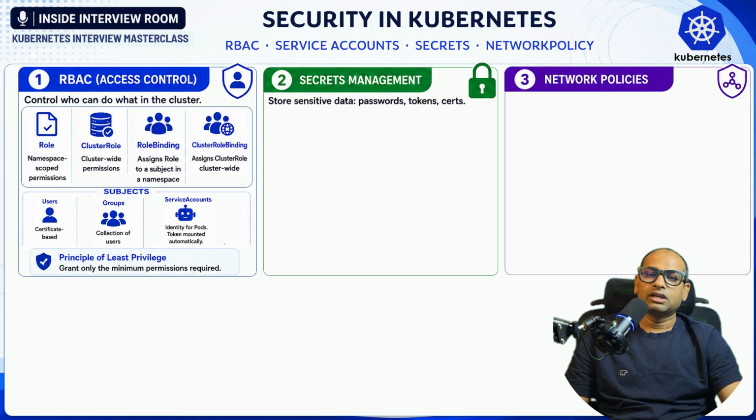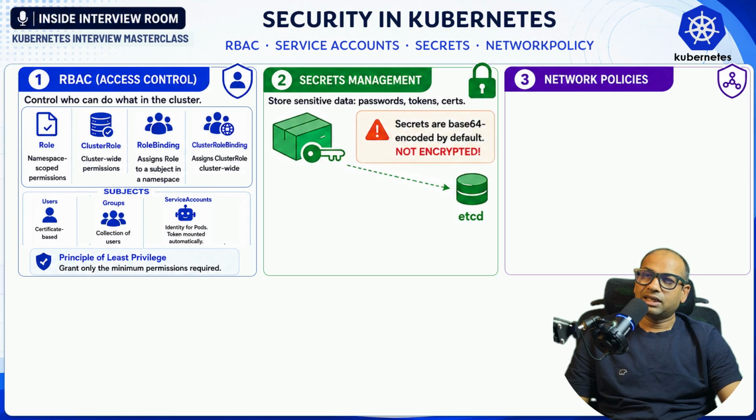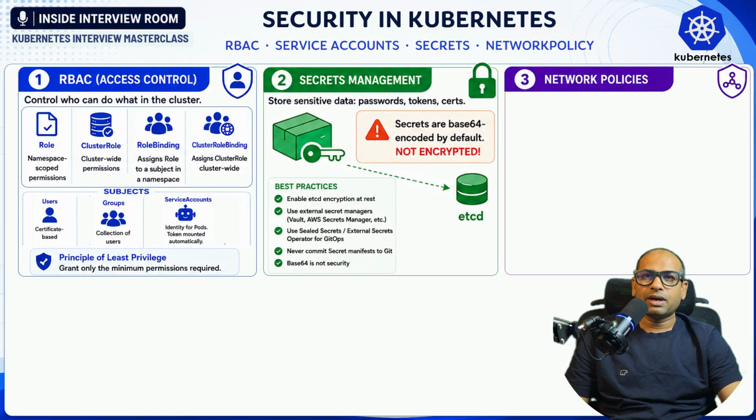Secret management: store sensitive data like passwords, tokens, and certificates, which are stored in etcd. Secrets are base64 encoded by default, not encrypted. So, what are the best practices to store secrets? Enable encryption at rest.